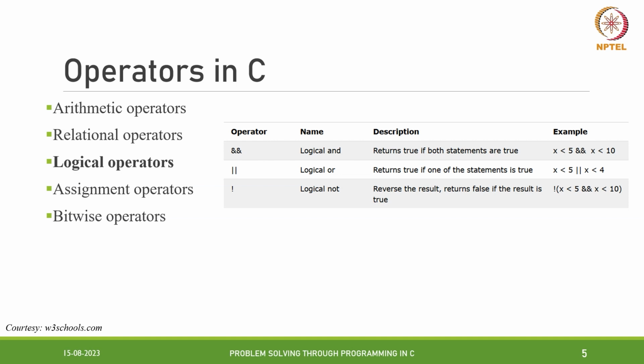There is a logical AND operator, which returns true only if both the statements are true. A logical OR operator returns true if even one of the statements is true. If both are true, it will return true. But if none are true, then it will return false.